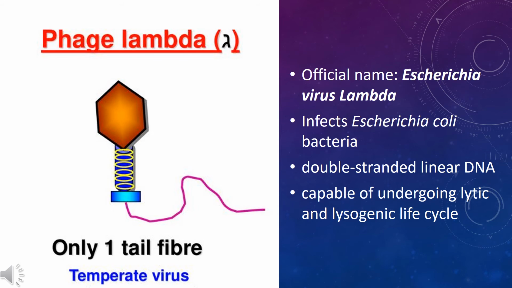The two cohesive ends base pair and are ligated together by a host enzyme, DNA ligase, forming a circle, which makes this connection permanent. At this point, the lambda phage will start to go into prophage, and then the lysogenic and lytic life cycle goes on.